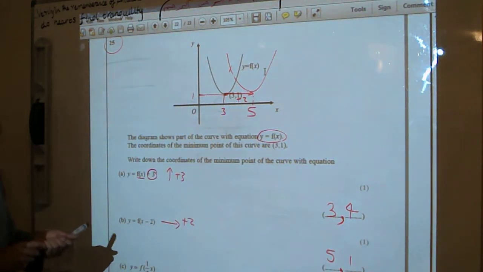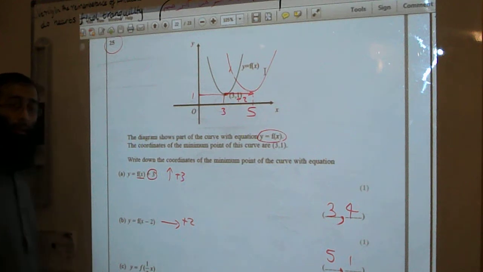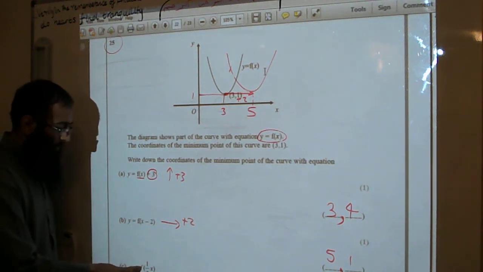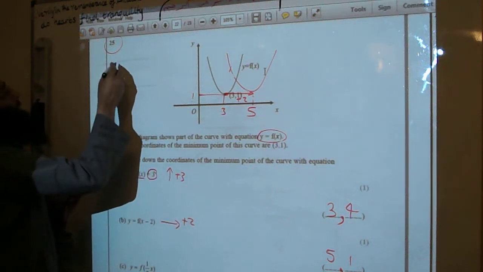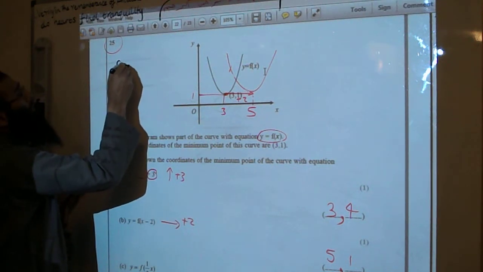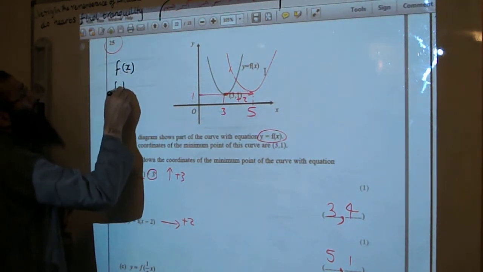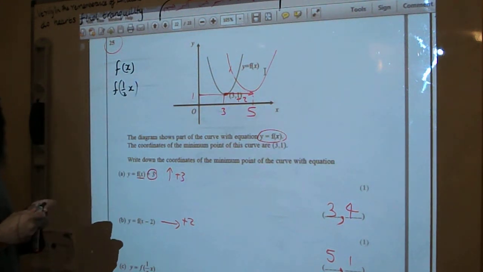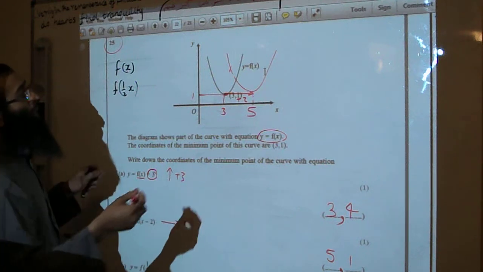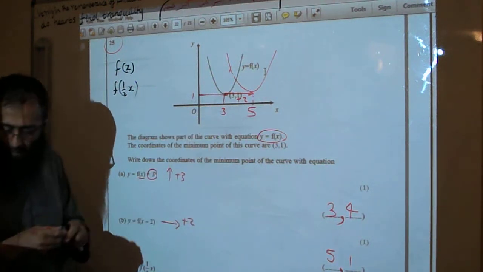Okay, the next one is how we think about this. y is equal to f of half x. Now remember the half is inside the function, so it affects the numbering.